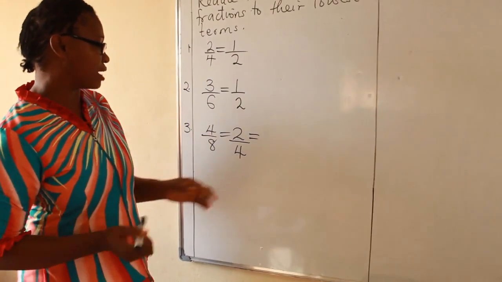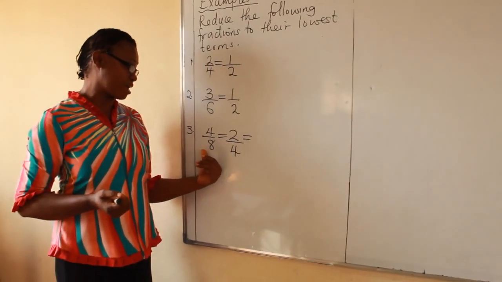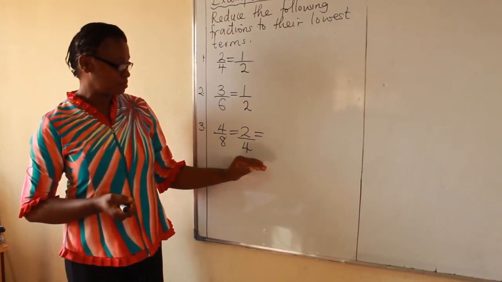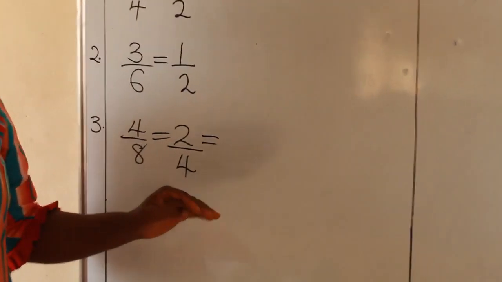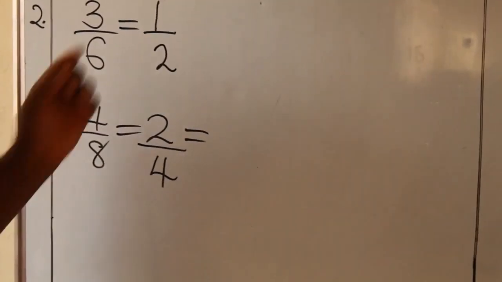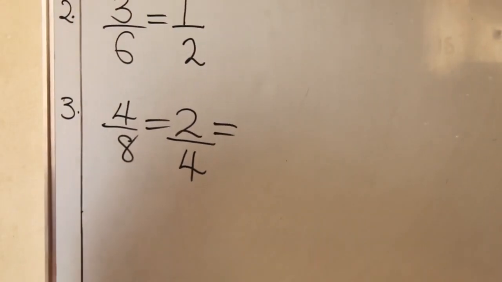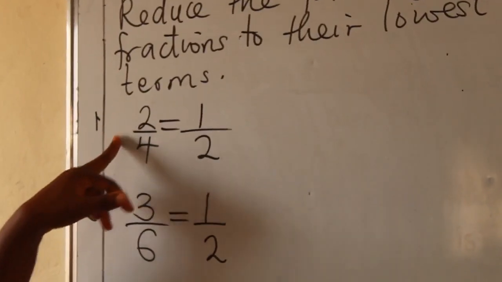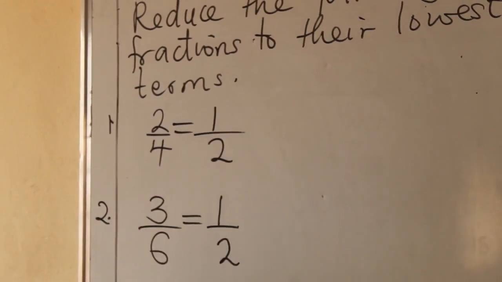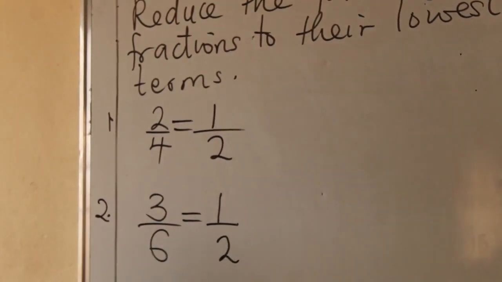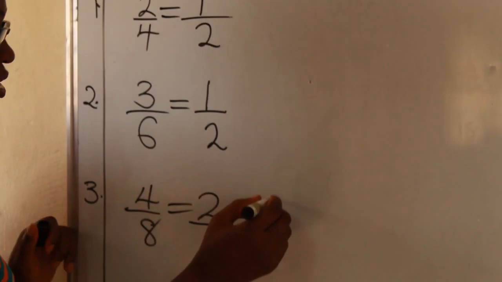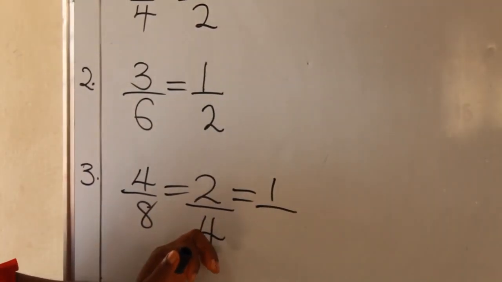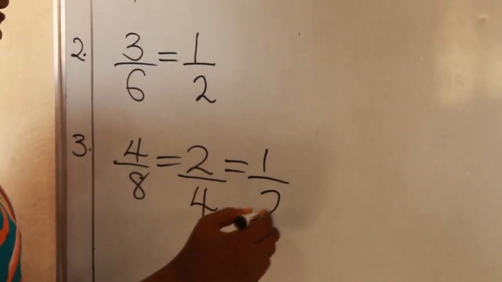That's not the end of reducing 4 over 8 to its lowest term. Children, look at it very well. You'll see that we will still have to do something. 2 over 4. I know somebody will be looking at number 1 to tell me, okay, see, 2 over 4, she did that, she got 1 over 2. You are correct. 2 into 2 will give us 1, and 2 into 4 will give us what? 2 times.